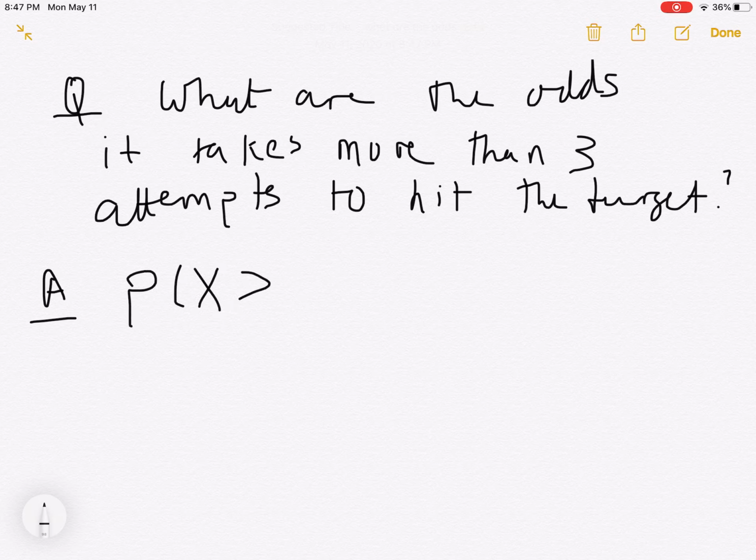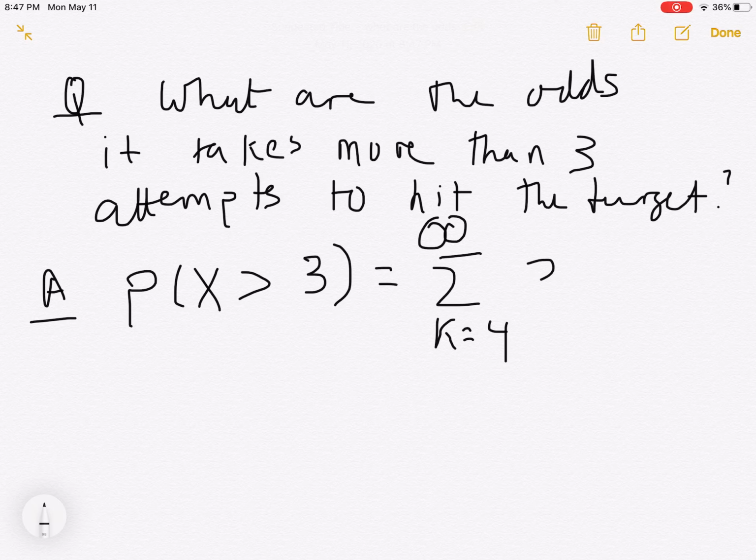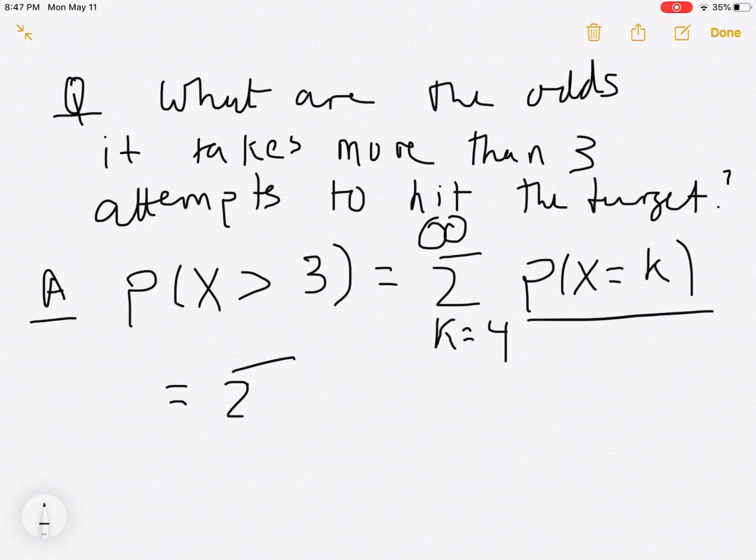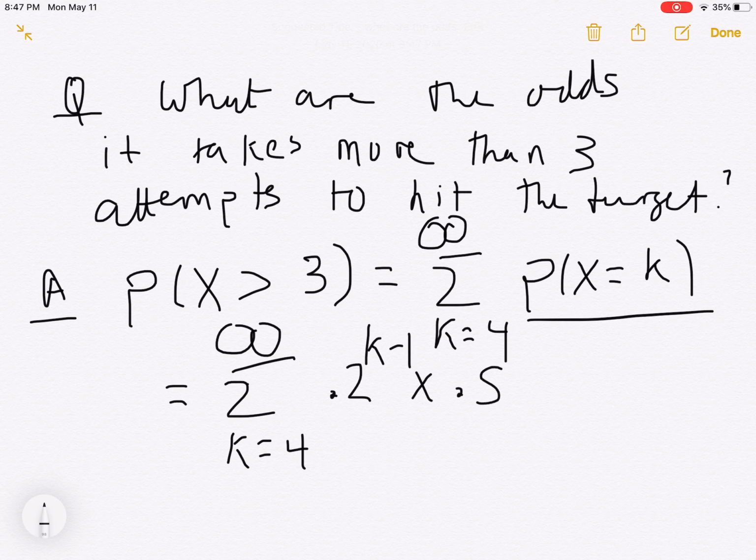Probability x is bigger than 3 is going to be the summation from k equals, well, it has to be bigger than 3, so 4 to infinity of P(x = k). Thankfully, we have a very nice formula for how to calculate that. So this is going to be a summation from k equals 4 to infinity of 0.2^(k-1) times 0.8.